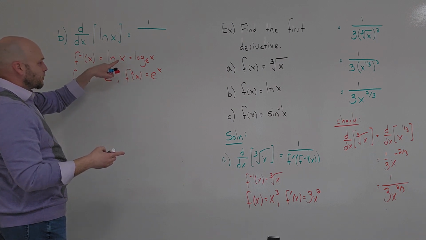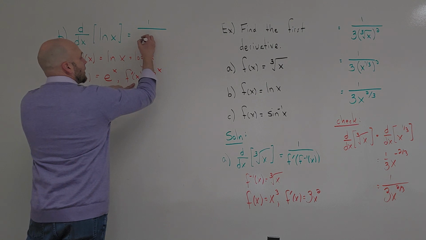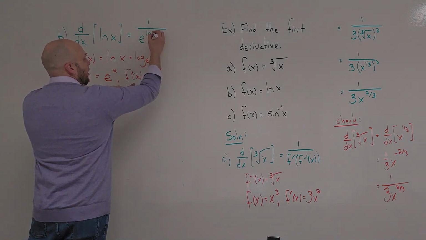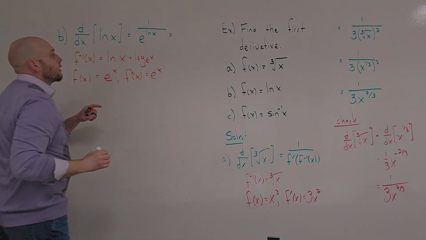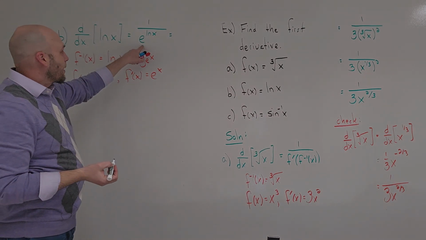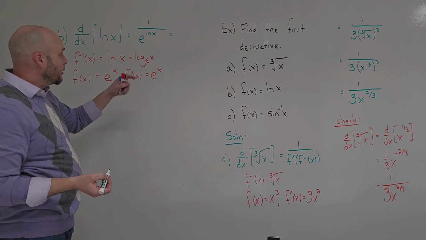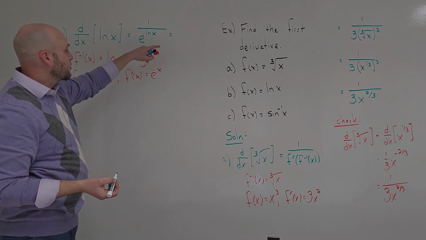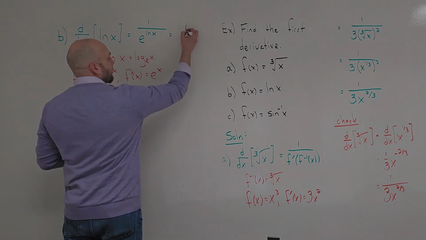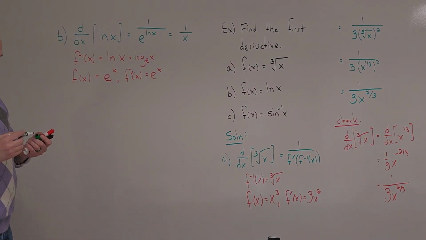So I take f inverse, which is the natural log, I plug that into f prime, giving me e to the natural log of x. Now here, this is the composition of the function with its inverse. The composition of a function with its inverse has the net effect of doing nothing to the input, meaning that this simplifies to just x, giving me the final result that the derivative of the natural log is 1 over x.